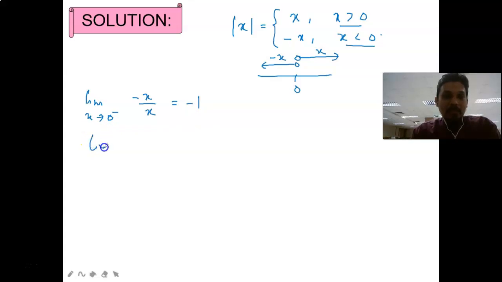And the limit as x approaches 0 from the right, the function is x, so x divided by x equals 1.